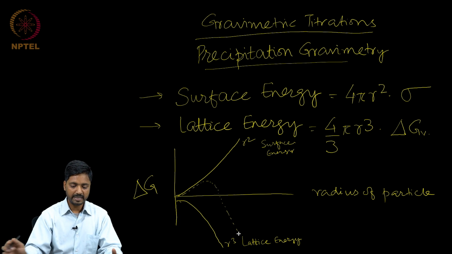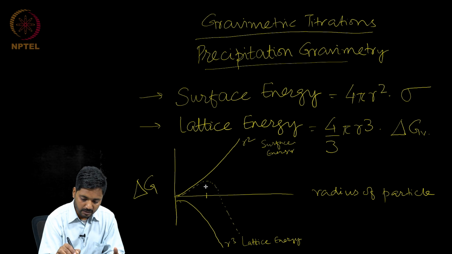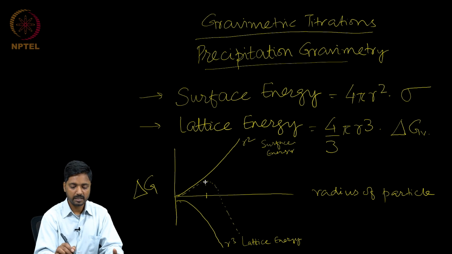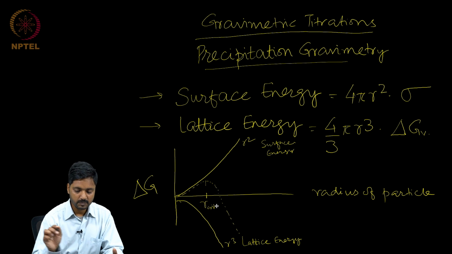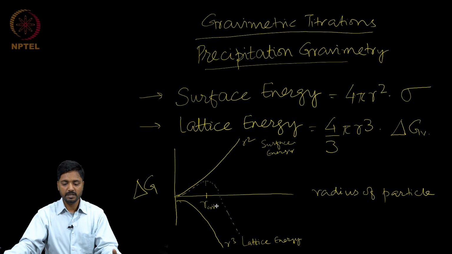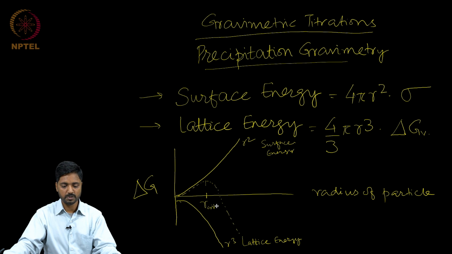Up to a certain radius of the particle, which we denote as the r critical, particle formation is not an energetically favorable process, because the surface energy term dominates over the lattice energy term. As the particle becomes bigger and bigger, the lattice energy term starts dominating the total free energy of the particle, and it becomes a spontaneous process for the particle to grow.